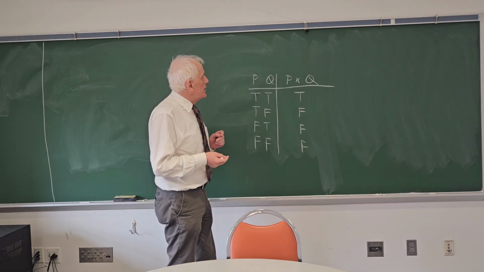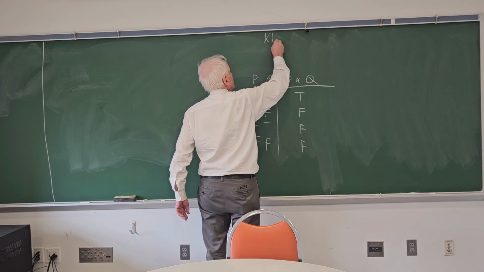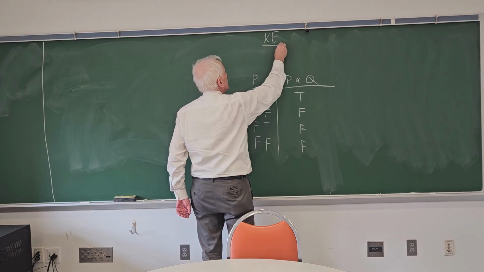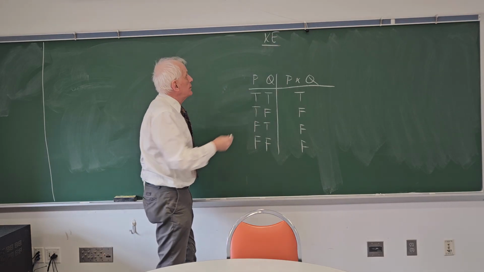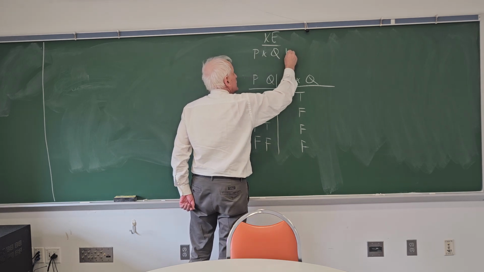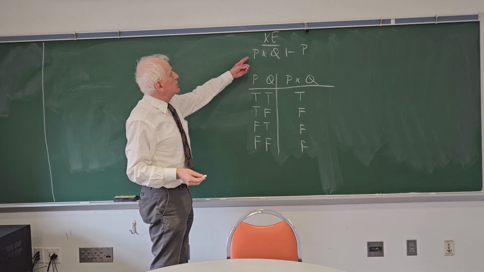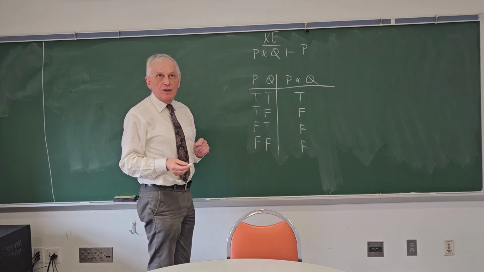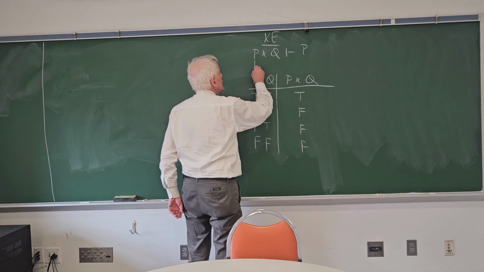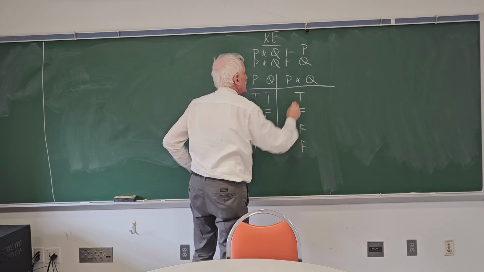And so the rule ampersand elimination allows us to derive, to prove from a conjunction its left conjunct, or from a conjunction its right conjunct.